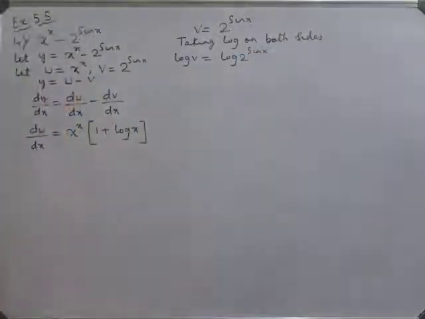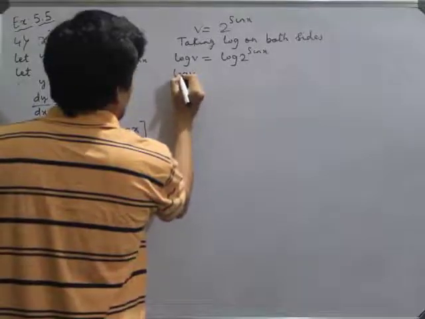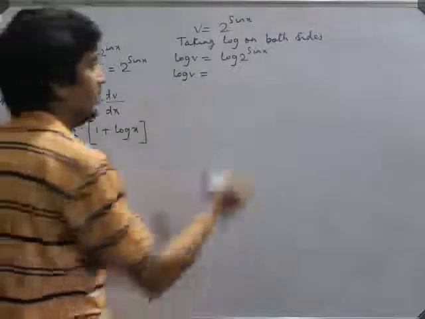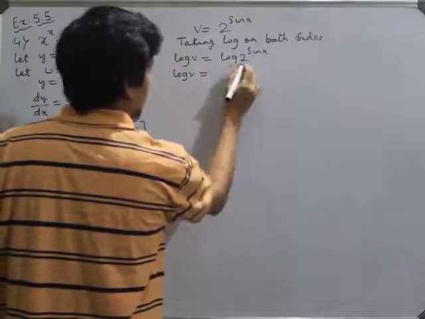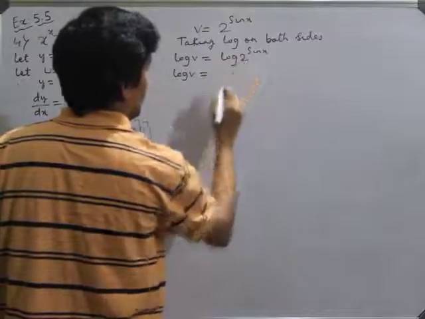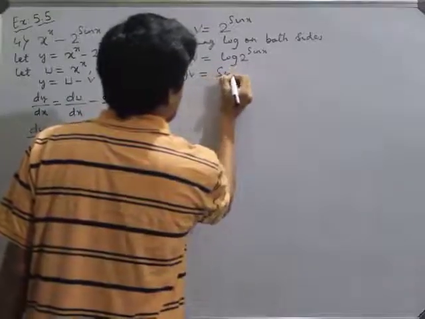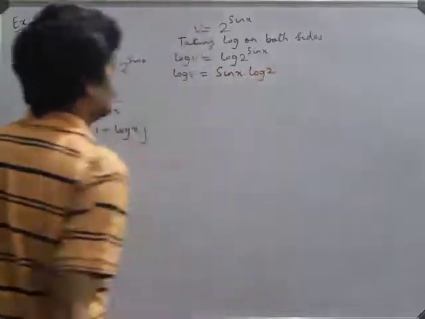Okay. Now here log v as it is, we are not going to differentiate in this step. Still we have to make some adjustments. Only then we will be able to differentiate. Log v is equal to, here again use log of a to the power of m, that is m log a. So we can write it like this, sin x into log 2.